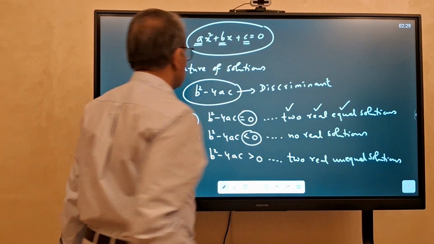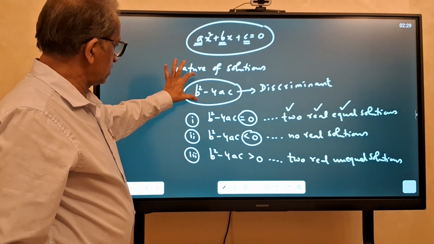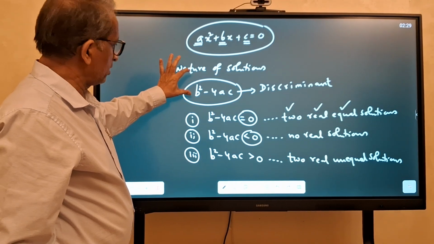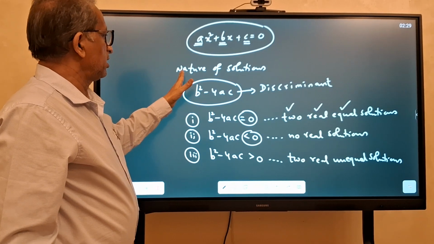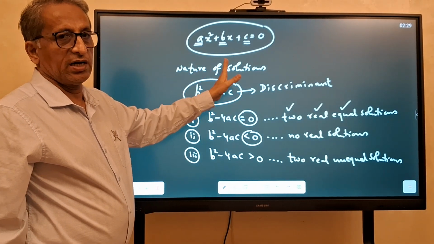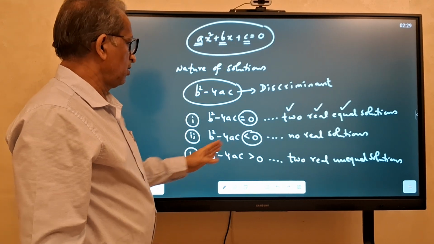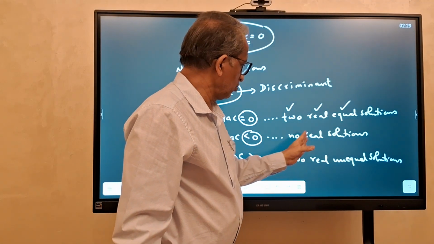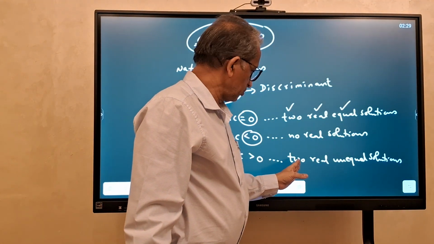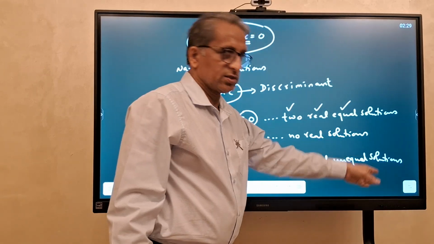So the value of this discriminant will give me the nature of the solution. It will give the idea about the nature of the solution, whether you get two real equal solutions, whether you get no real solution, whether you get two real unequal solutions.